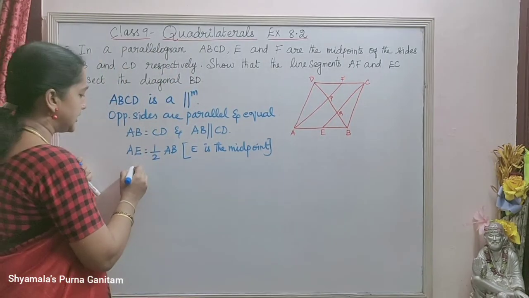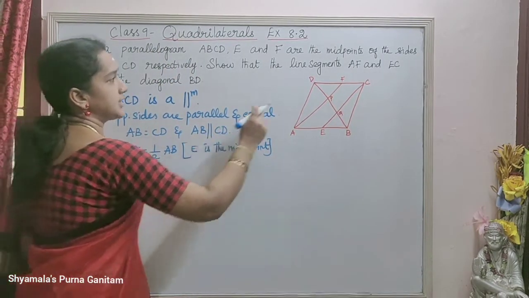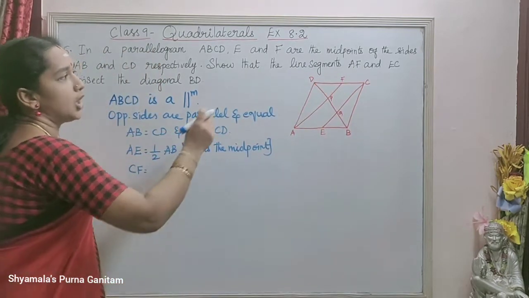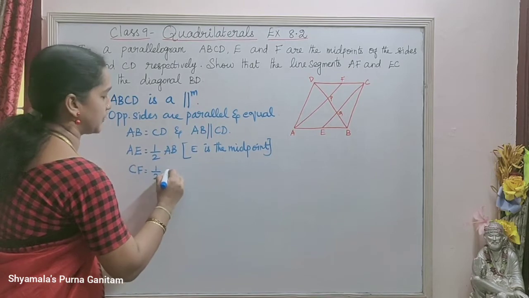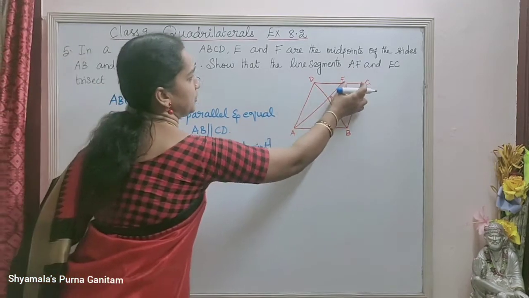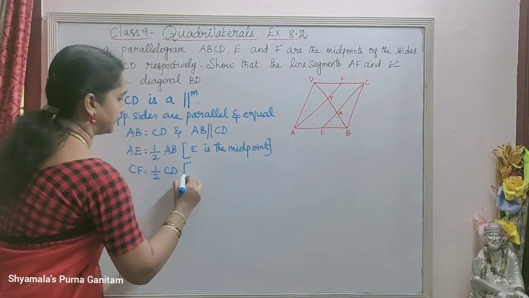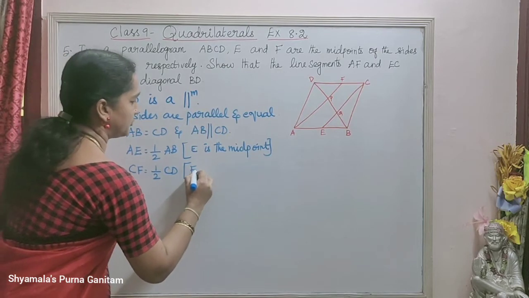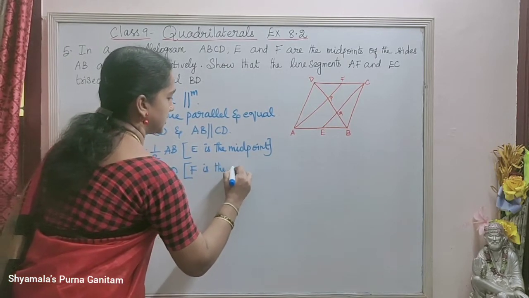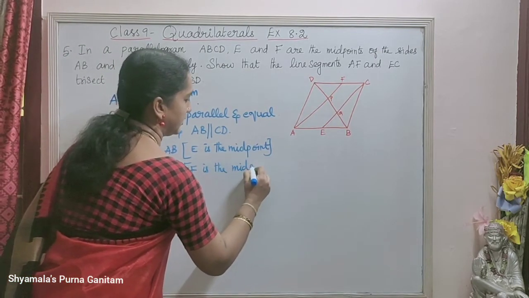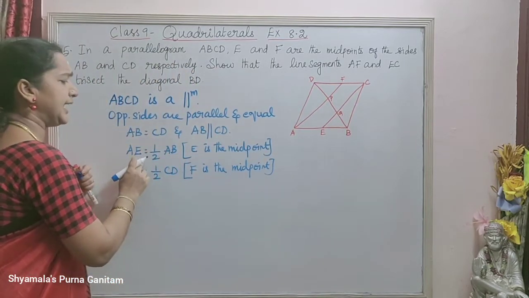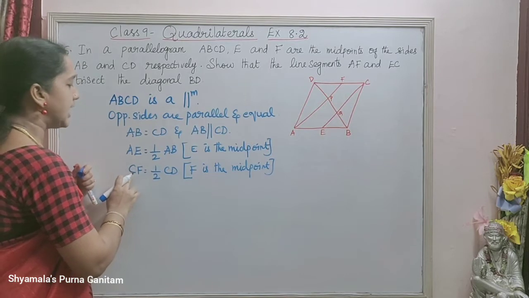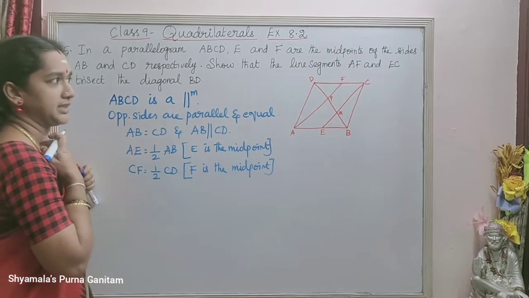In the same way, since F is the midpoint of CD, we can write CF is equal to half of CD. So AE is equal to half of AB and CF is equal to half of CD.